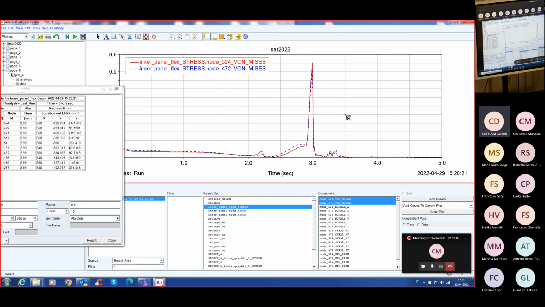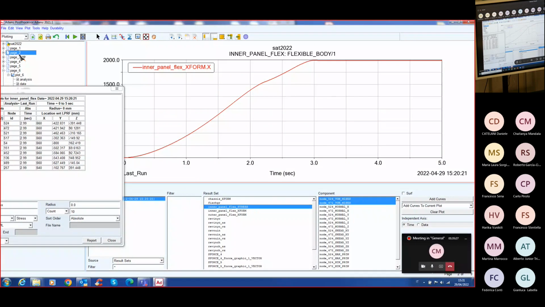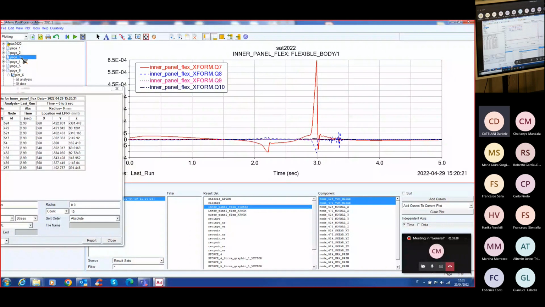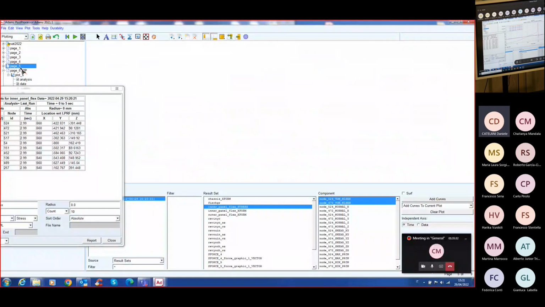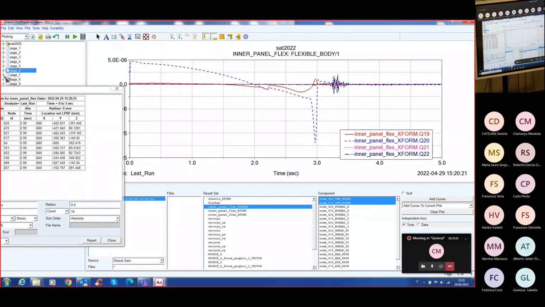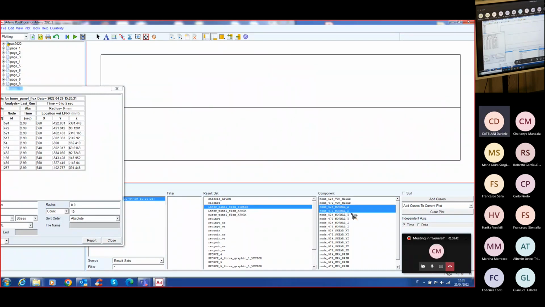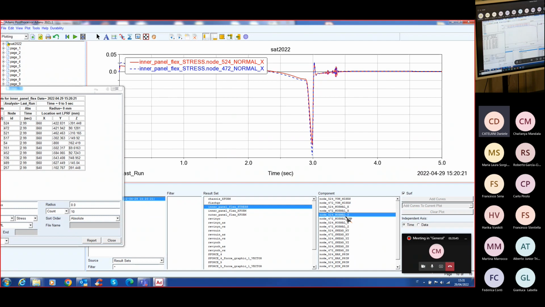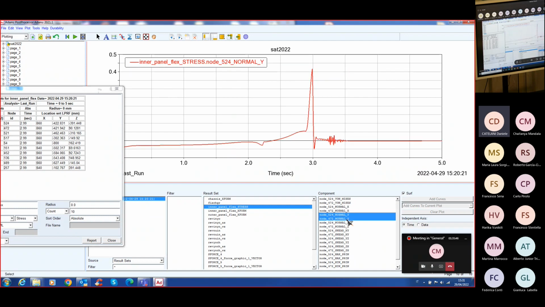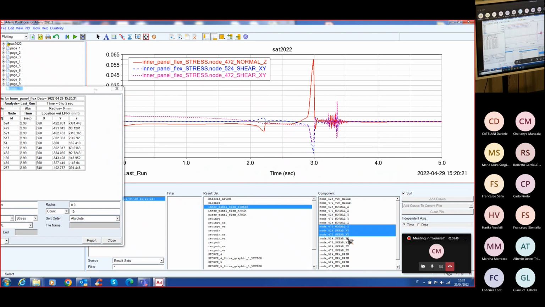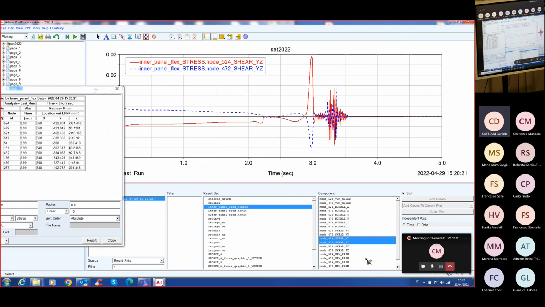And if you remember the modal participation, it is evident that we have this kind of behavior considering how the modes participate in the deformation. Okay? So this is the von Mises stress, but we can also have normal X stress, Y, Z, shear, etc.